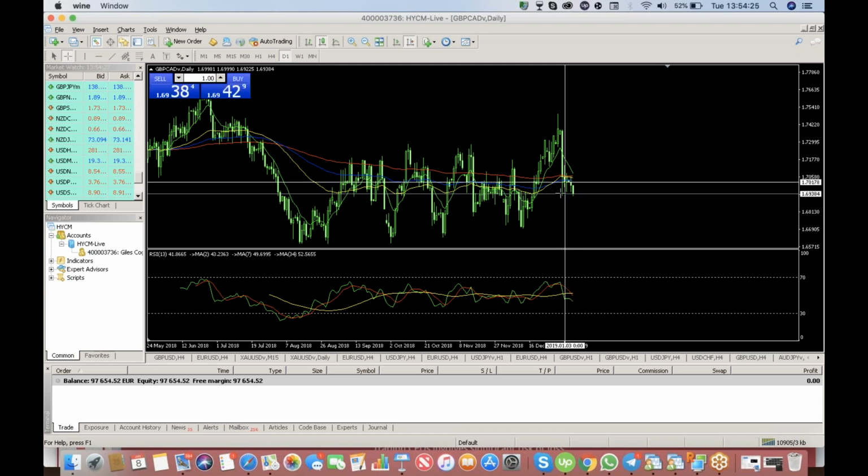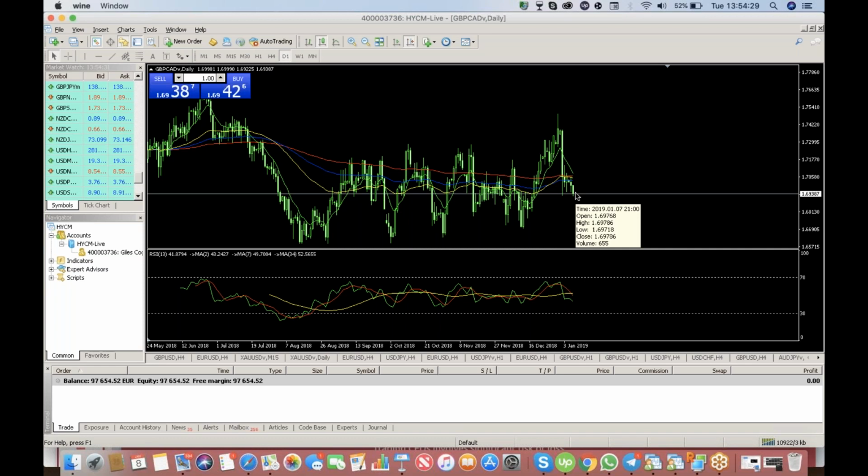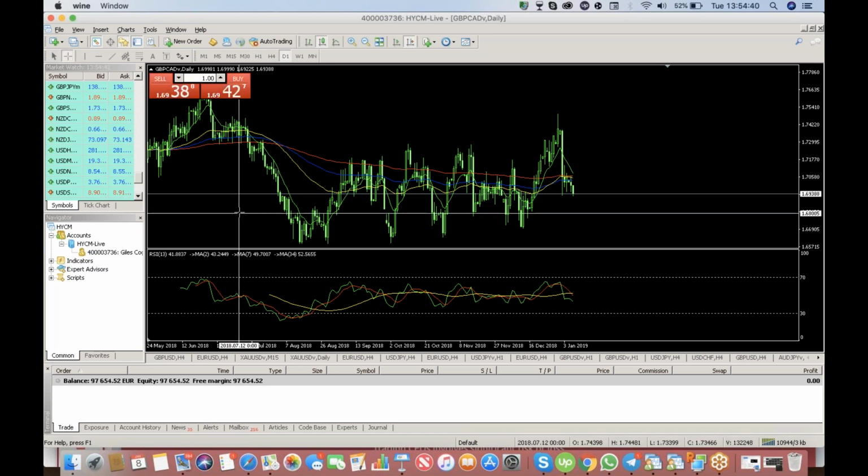So there's quite a lot of downside here. If the oil keeps rising and the Brexit sentiment remains, then a stop can be placed above the 200 exponential moving average, and you can play down into these key support levels down here. Okay, 1.6800 would be a very simple trade to make on that level.